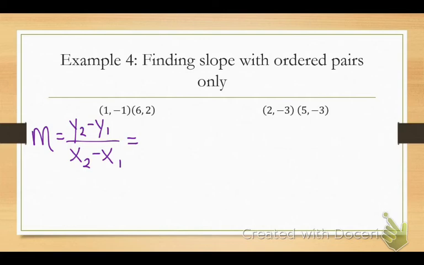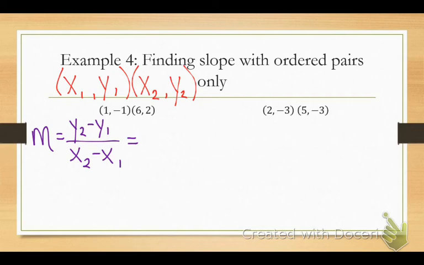My sequence goes x1, y1, and x2, y2. This is my sequence when I have 2 ordered pairs. This is one of the most important concepts of our chapter. The very first number in my ordered pair goes x1, y1, x2, y2.